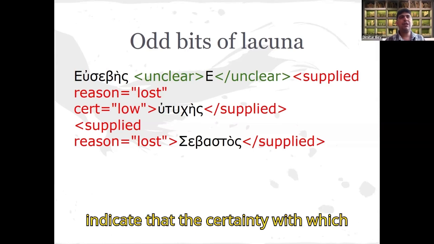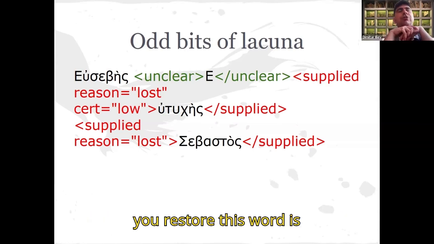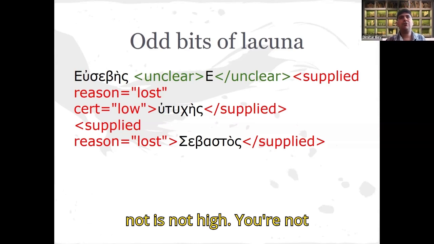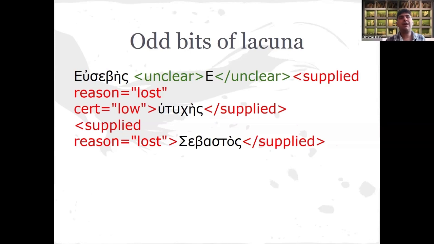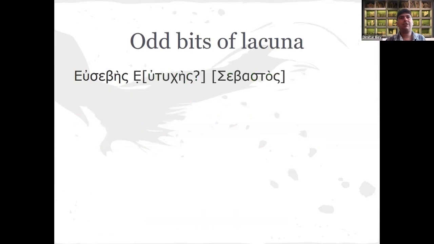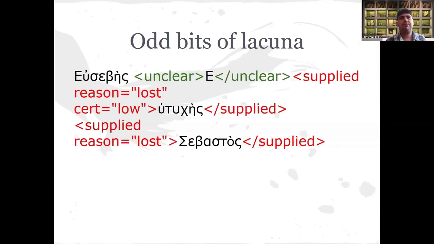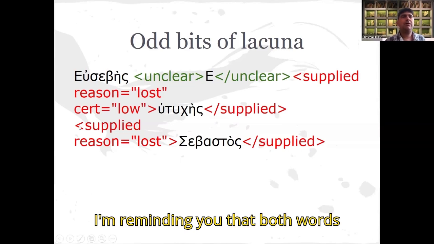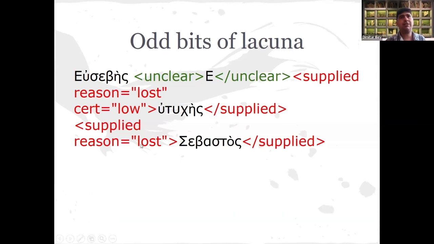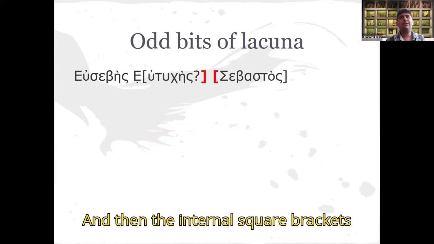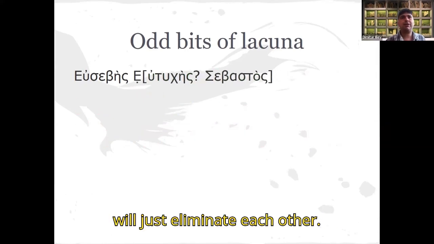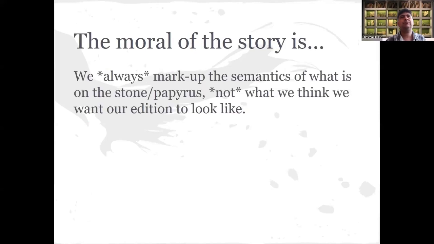This is to indicate that the certainty with which you restore this word is not high. You're not sure that this E stands for EUTHS. And I'm reminding you that both words, EUTHS and sebastos, should be encoded as supplied separately, and then the internal square brackets will just eliminate each other.